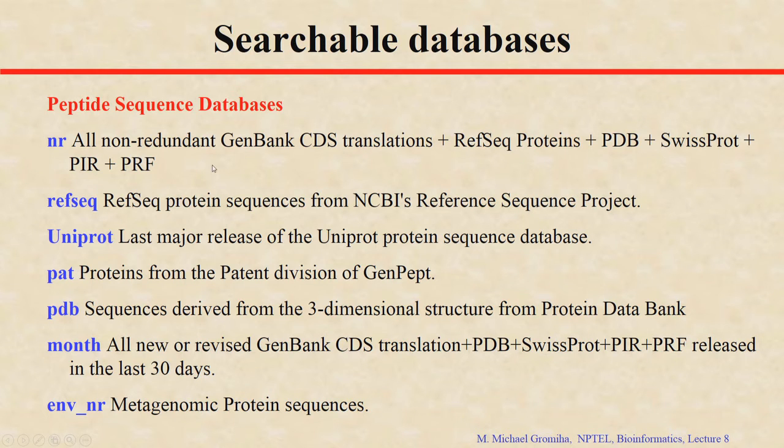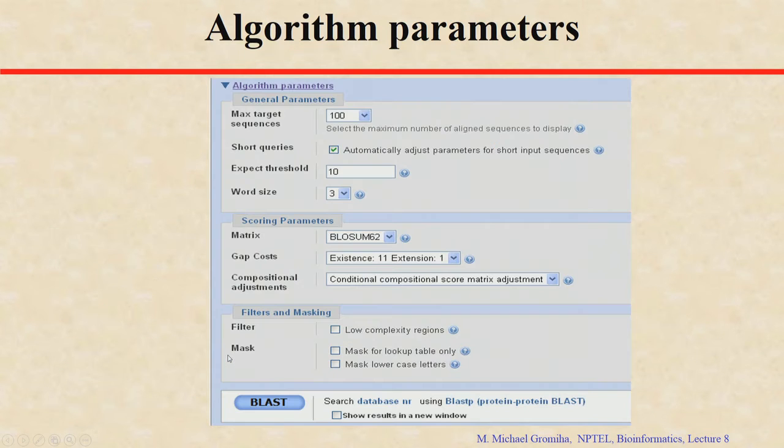The widely used one is the non-redundant datasets, whether you say the RefSeq proteins or the PDB or the UniProt and so on, or you can use NCBI's reference sequence project, or the latest UniProt release or any data in the UniProt database. Likewise, we can give different databases like PDB or any specific latest data from a given month and so on.